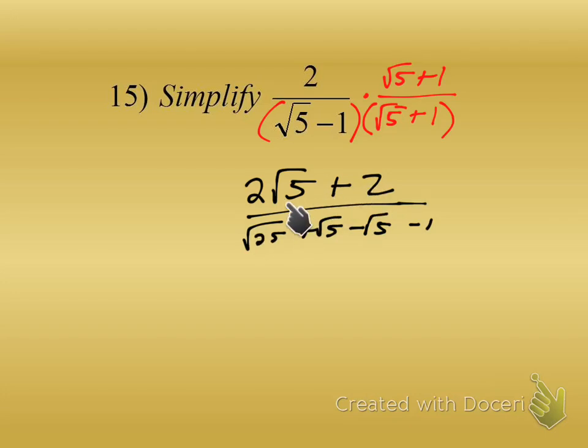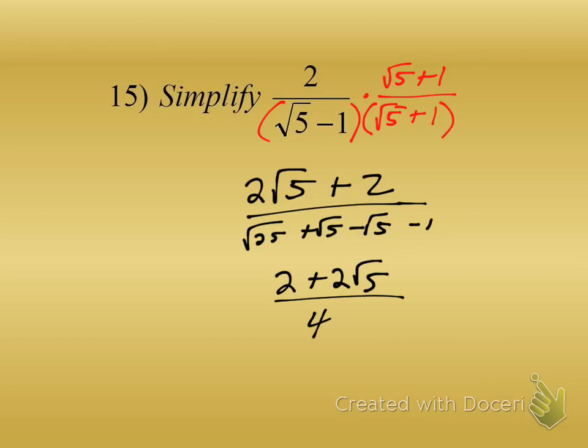Okay. So I'm going to change this order too just because I'm OCD. I need my numbers. If it's like this, I must have my number first. My rad second. I don't know why I'm weird. Okay. Rad 25 is 5. 5 minus 1 is 4. Rad 5 minus rad 5 is 0.